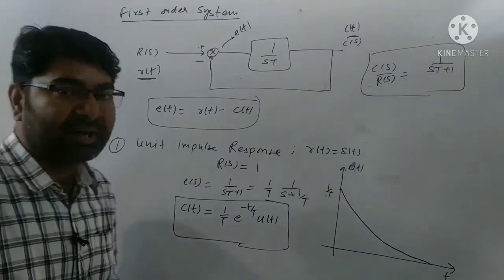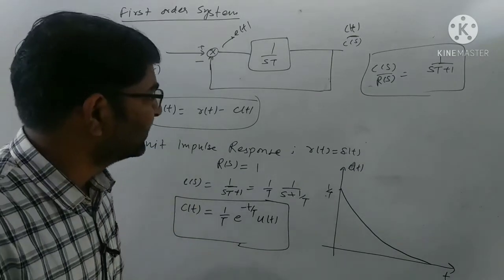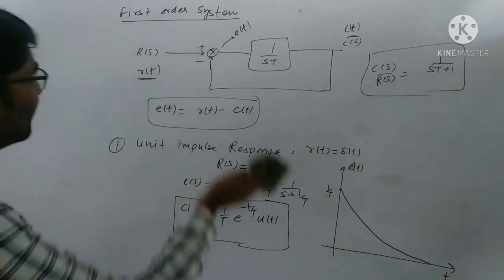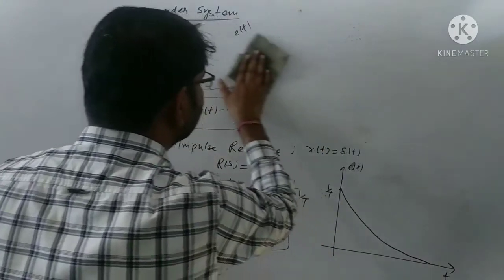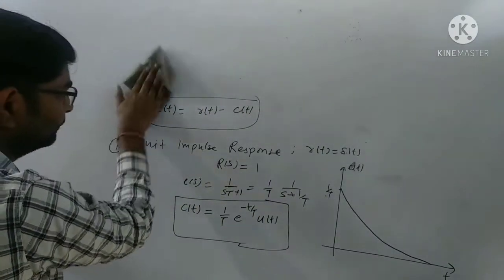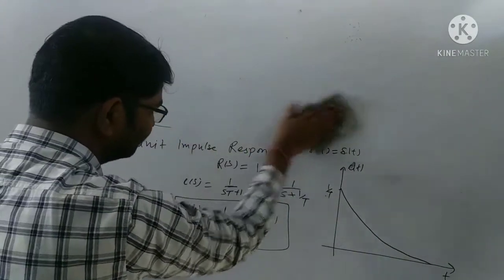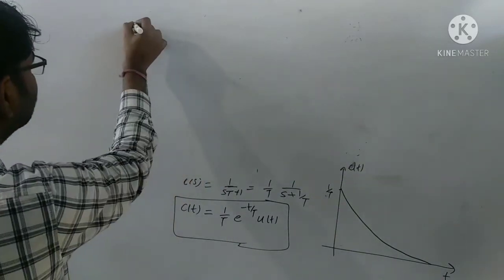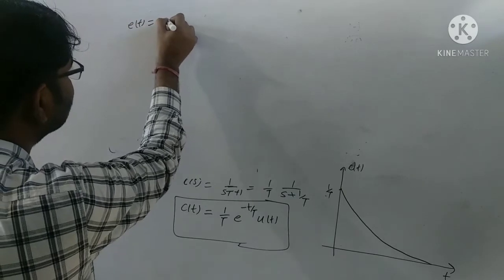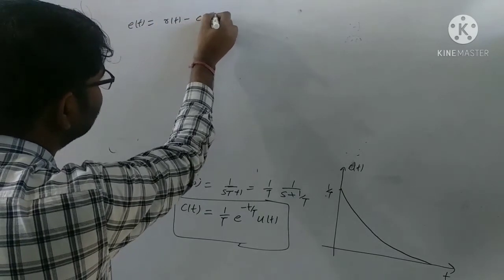Now I am going to consider the error signal for the first order system. For error, E(t) again is the difference R(t) minus C(t).